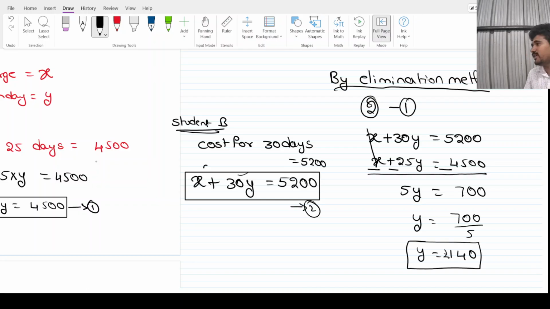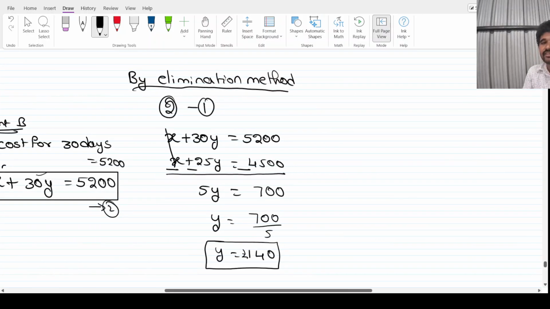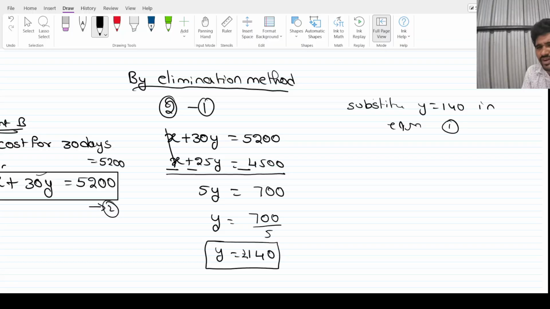Now substitute Y in equation number anything. Substitute Y is equal to 140 in equation 1 or your wish. No problem. Equation 2 is good and easy. Why? Because multiplying by zeros is easy, right?